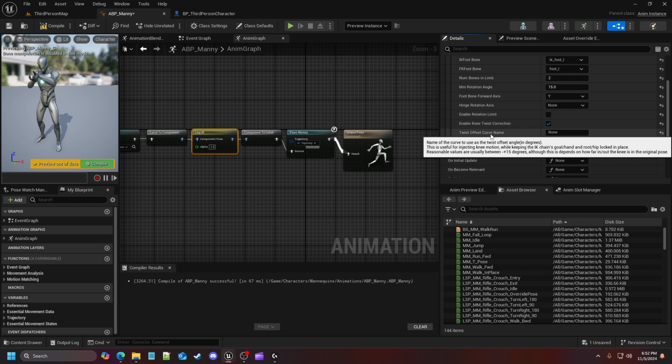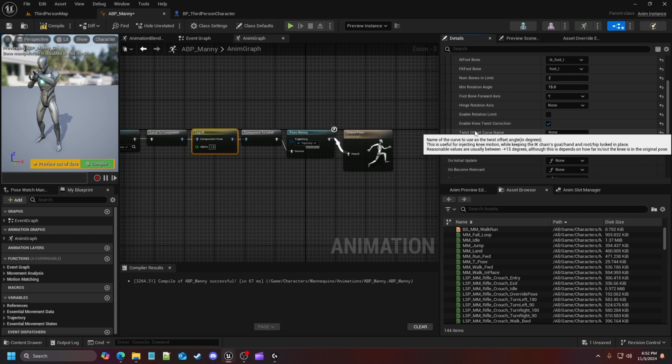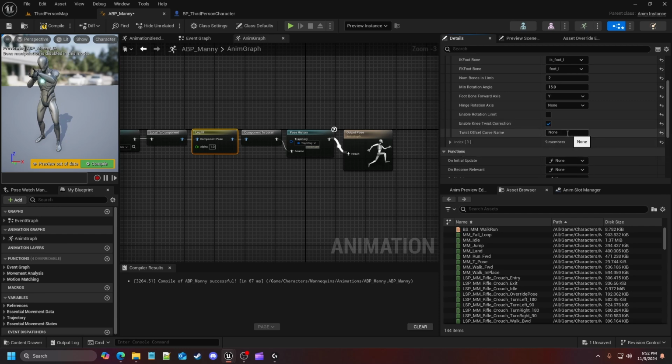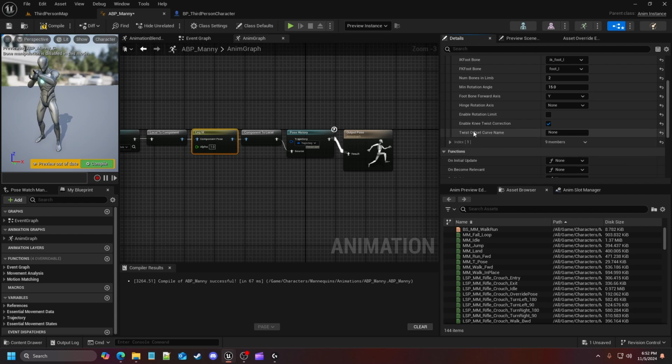And then for this curve, there's a twist offset that you can apply, but this requires us to have a curve name, like for our skeleton or a float curve set up, that we would be calling in here to have a slight offset of our knee twist or correction. Since we have it as none, there's not really much to worry about in here. So I'm not going to go over this deeply, since even the game animation sample project doesn't have that enabled. But that is it for the leg IK node.